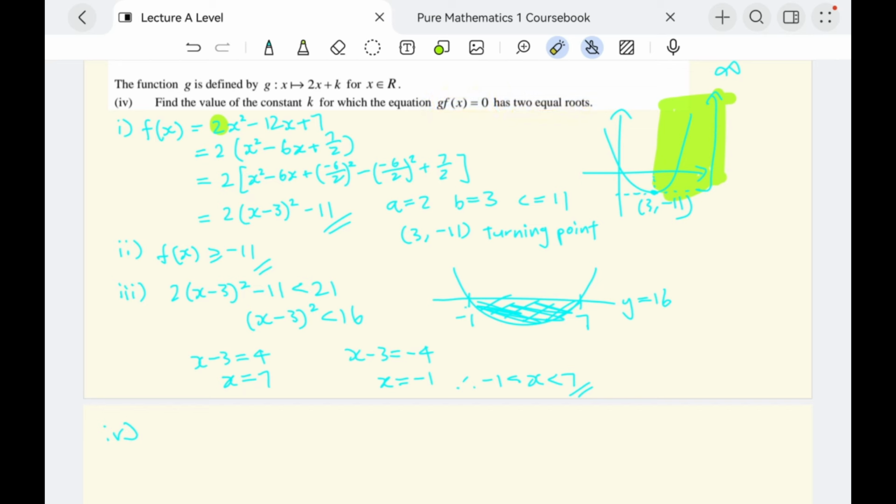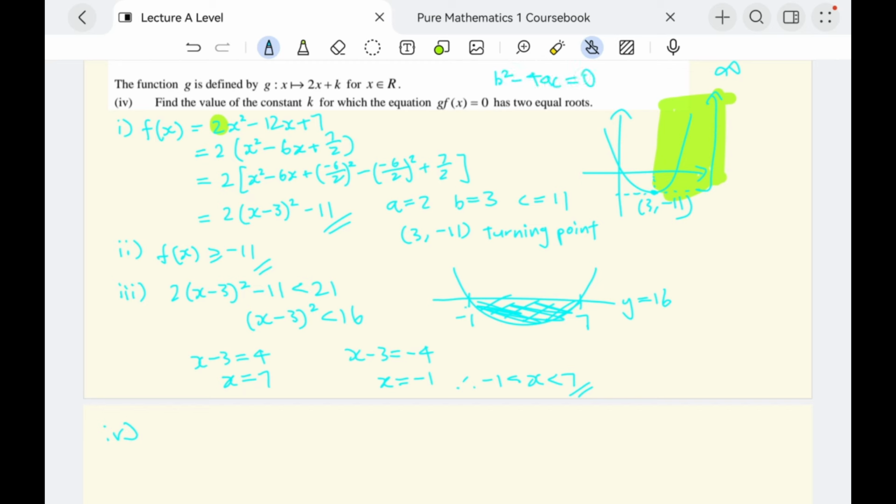So this is the question that involves composite function and the discriminant, because it says two equal roots. Ask yourself, what does two equal roots mean? It means the discriminant b squared minus 4ac equals 0.